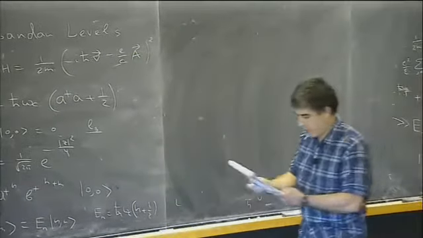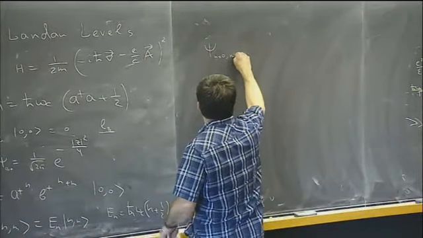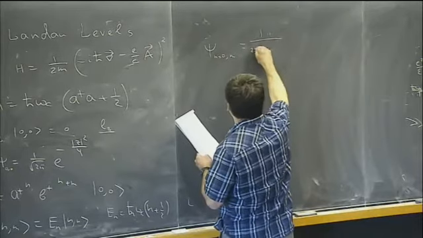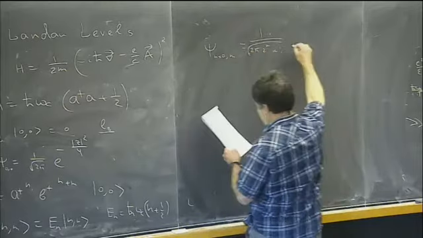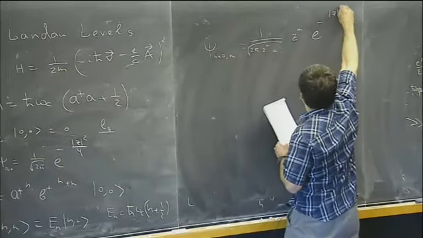For example, if you take n equals 0, then explicitly this is 1 over square root of 2 pi 2 to the m factorial, z to the m, e to the minus absolute value z squared over 4.